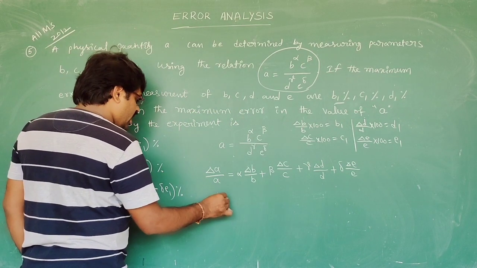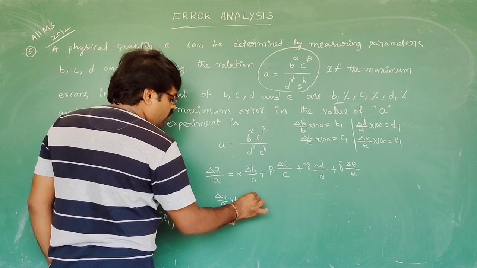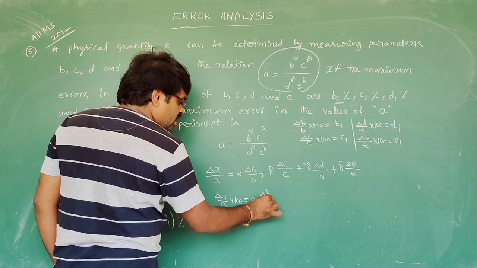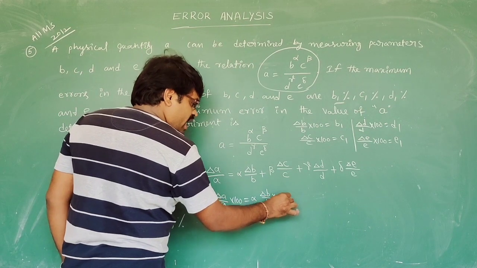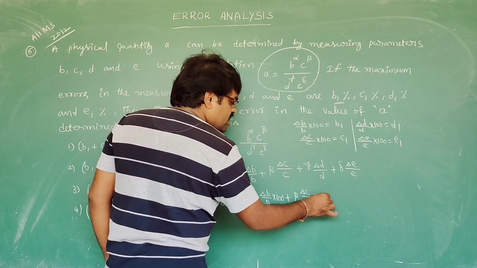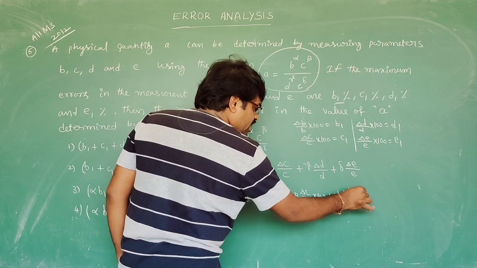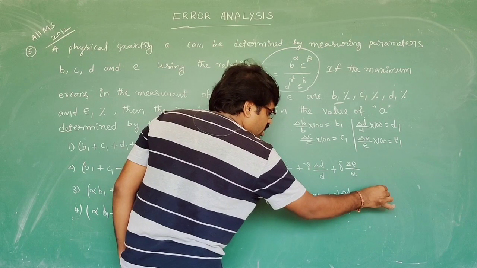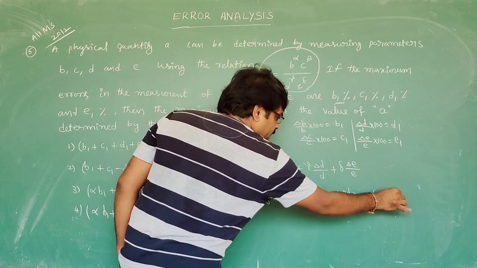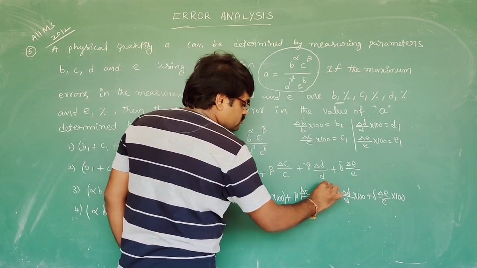Then delta A by A into 100 is equal to alpha into delta B by B into 100 plus beta into delta C by C into 100 plus gamma into delta D by D into 100 plus delta into delta E by E into 100. See, this value they given.